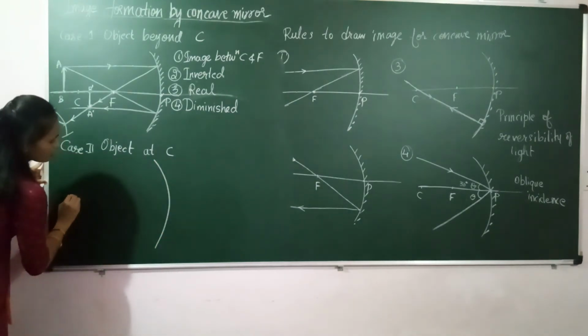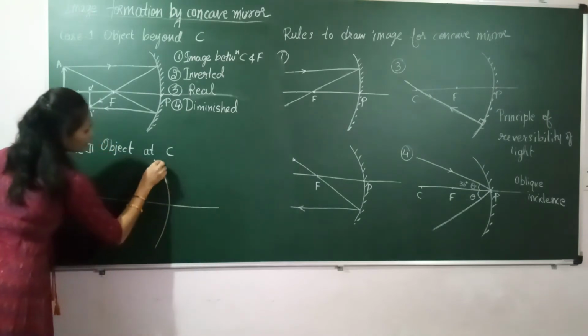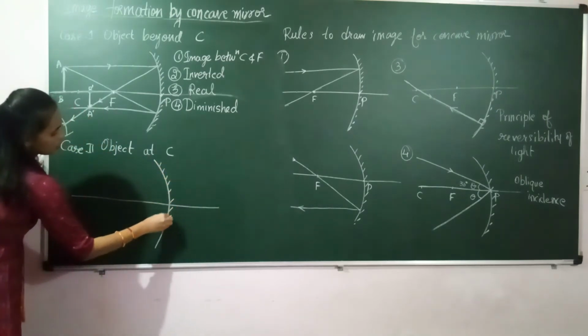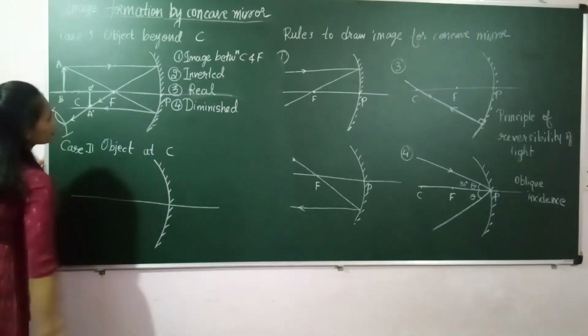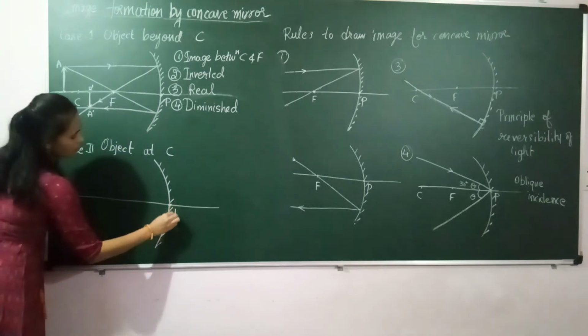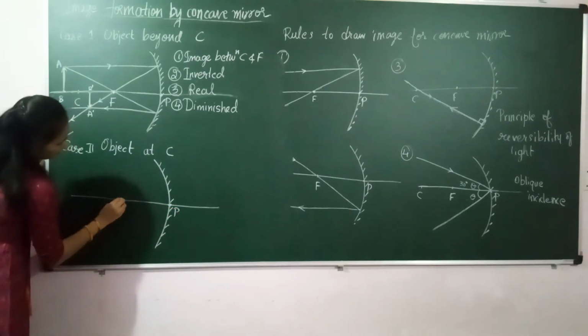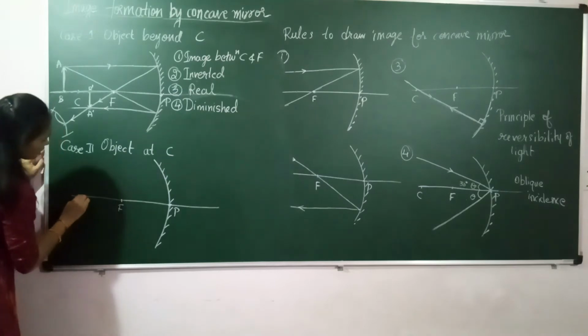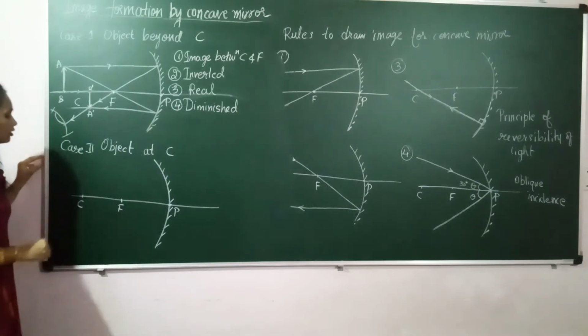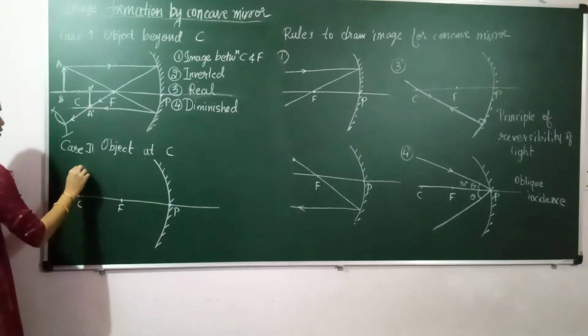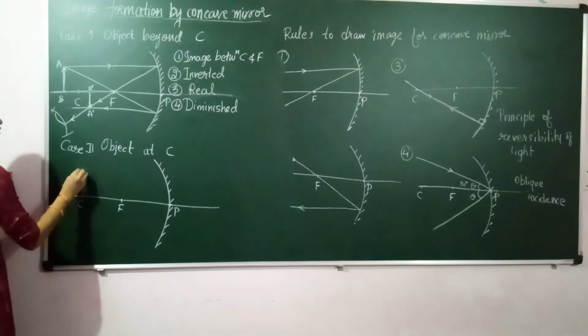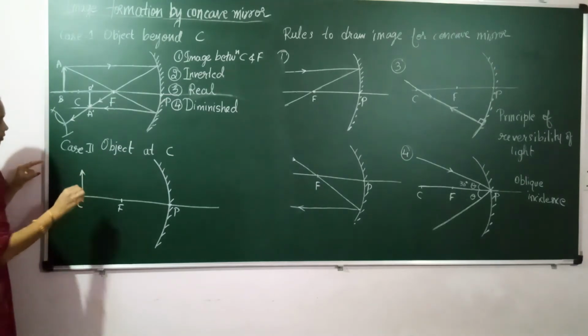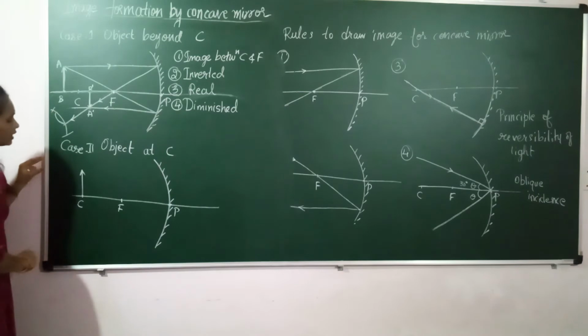So now see here, I have drawn the concave mirror. This is our concave mirror, and this is our principal axis. This is the pole, here is the focus point, and here is the center of curvature. Now here I will place the object on the center of curvature. If we place the object at this point, where will we get the image?